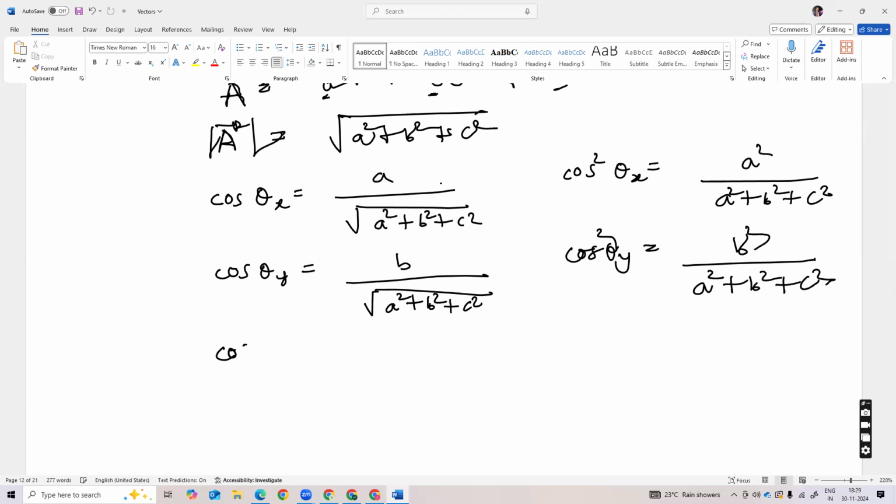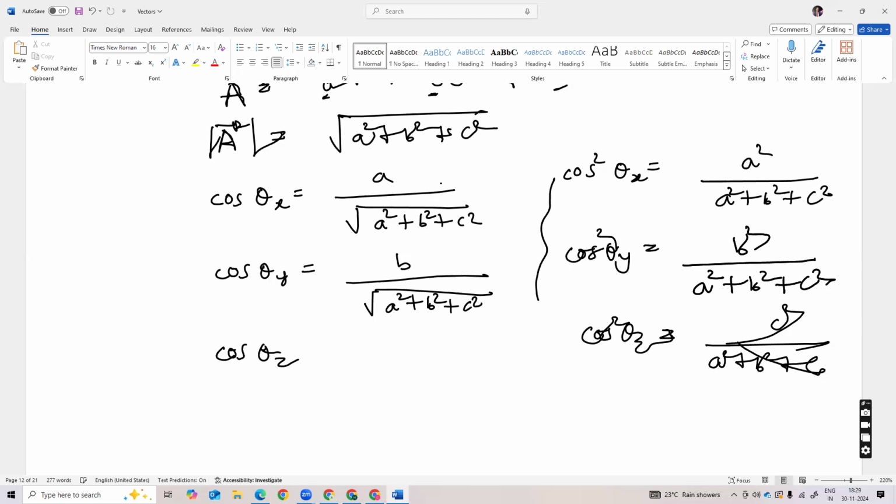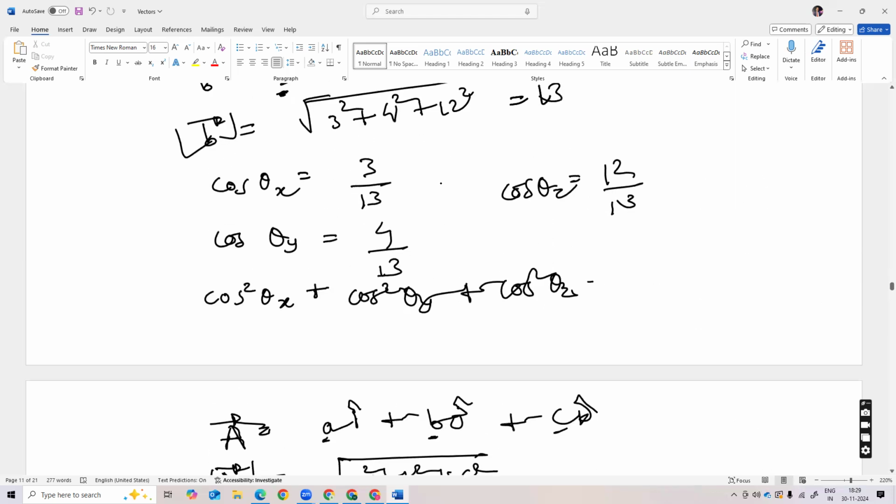Similarly, you can find out cos theta z. So I will just write down its square. Cos square theta z is c square divided by a square plus b square plus c square. So when you add these three terms, it gives a square plus b square plus c square divided by a square plus b square plus c square, and therefore it is equal to 1. So the answer for this is equal to 1.